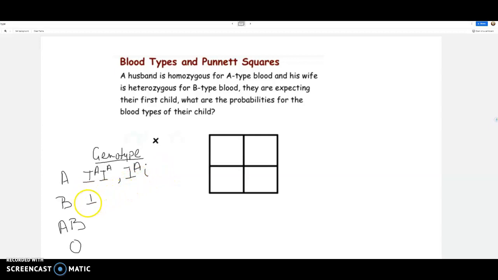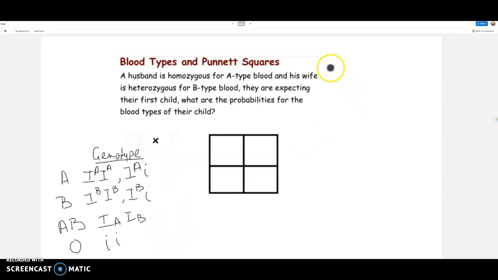For B, it's going to be I B and I B, since it's homozygous, and for heterozygous, it's going to be I B and lowercase i. For AB, it's going to be I A and I B. And since O does not make any proteins, it does not have any alleles for that, so it's going to be represented by lowercase i and lowercase i. You need to learn or remember these genotypes when you're solving any blood type genetics.